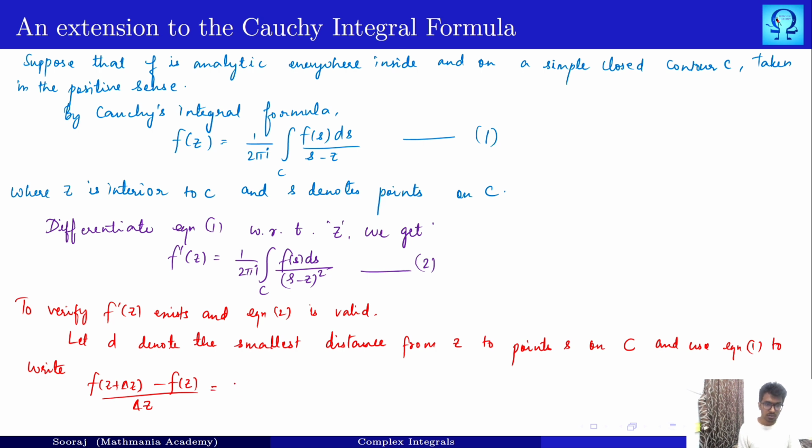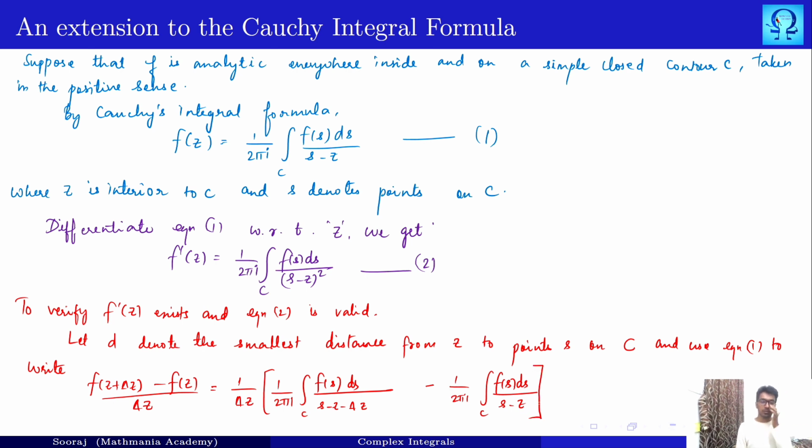We have 1 upon delta z outside, and 1 upon 2 pi i integral over c f of s ds upon s minus z minus delta z, minus 1 upon 2 pi i integral over c f of s ds upon s minus z. That's it. Right, this is what we have.